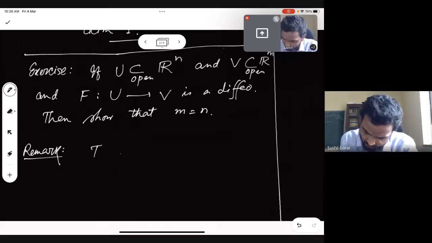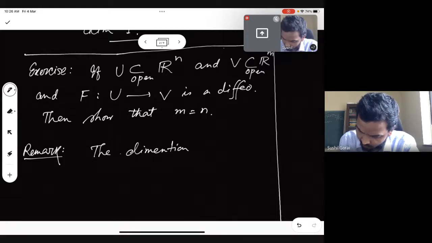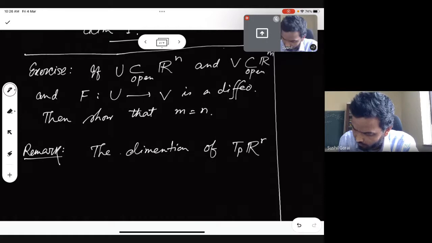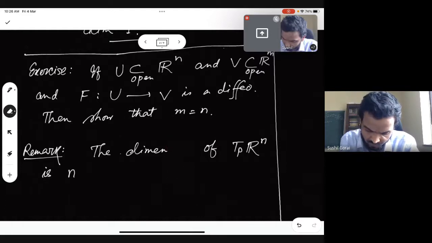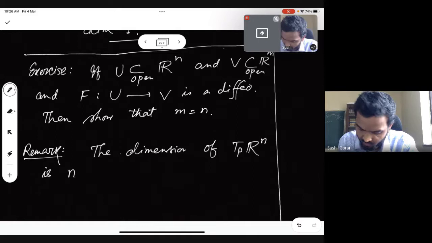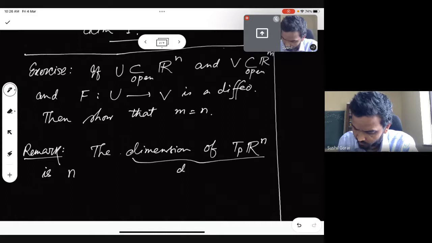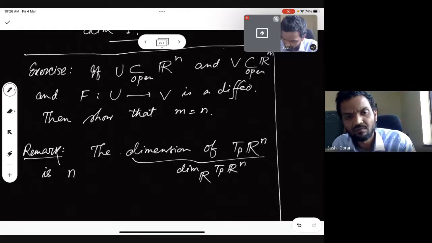The dimension of T_p R^n, of course, this is the dimension over R as a vector space, is n. All right.